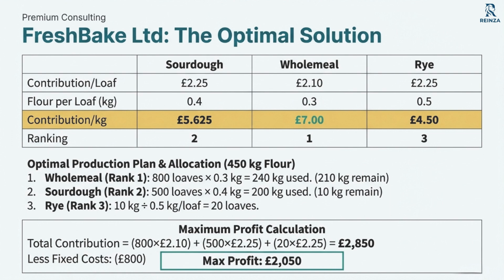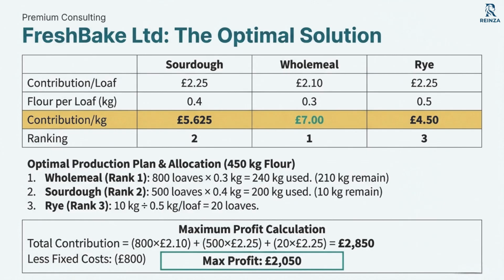Step 1. Identify the limiting factor. Total flour needed. Sourdough, 500 times 0.4 equals 200 kilograms. Wholemeal, 800 times 0.3 equals 240 kilograms. Rye, 300 times 0.5 equals 150 kilograms.